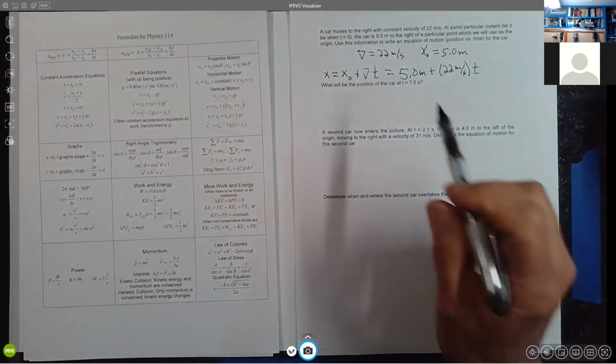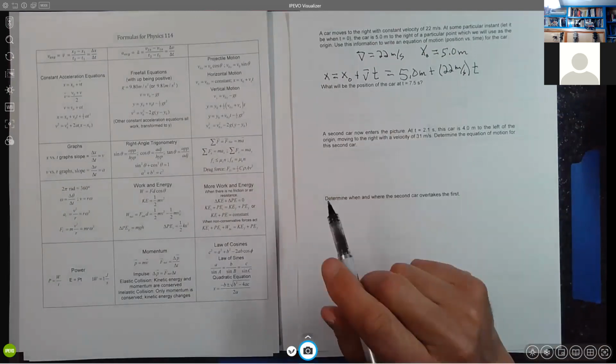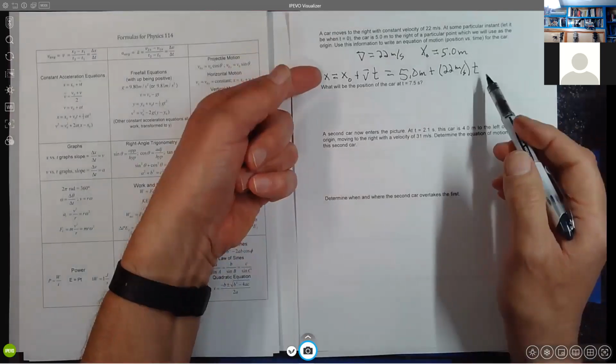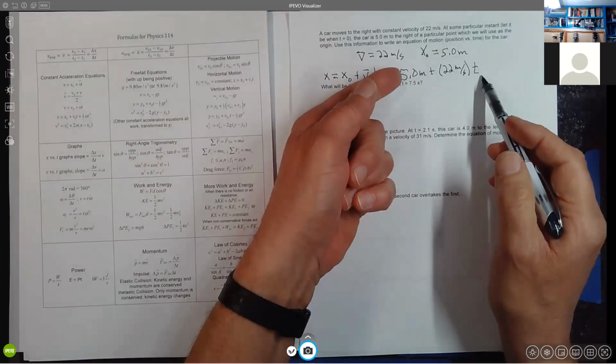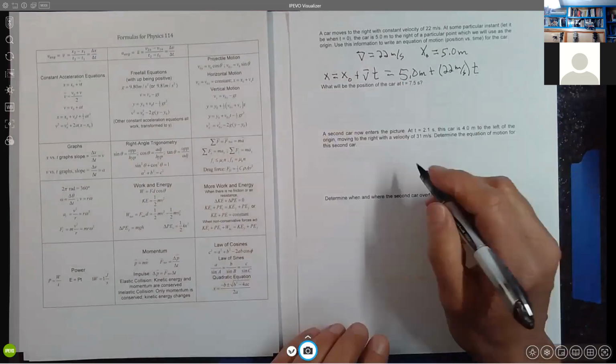And then, what will be the position of the car at 7.5 seconds? Well, this is my equation that tells me where it is as a function of time. All I have to do is take that 7.5 seconds and plug it in there.